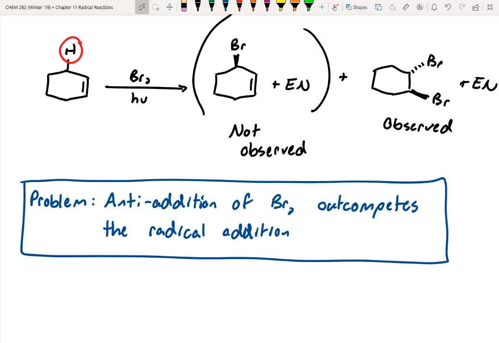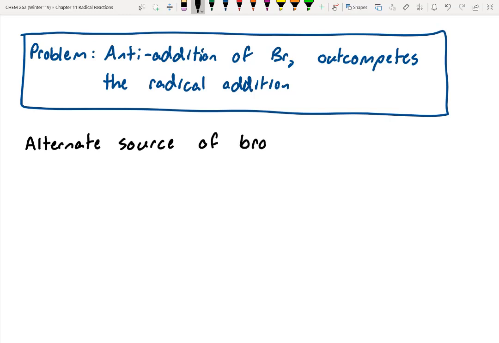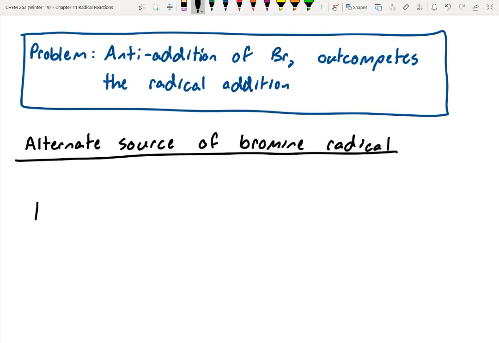So they had to go back to the drawing board and devise a new reagent. So I'll show you what the new reagent is. All right, and the alternate source of bromine radicals comes from this weird ring system where we have a nitrogen that is covalently bonded to a bromine atom.